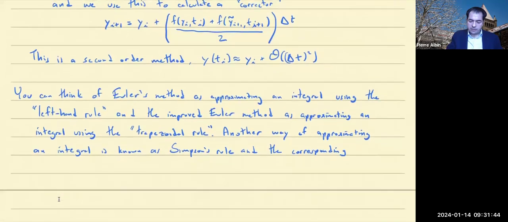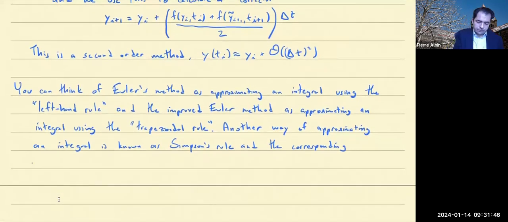And the corresponding numerical method for differential equations is the following.